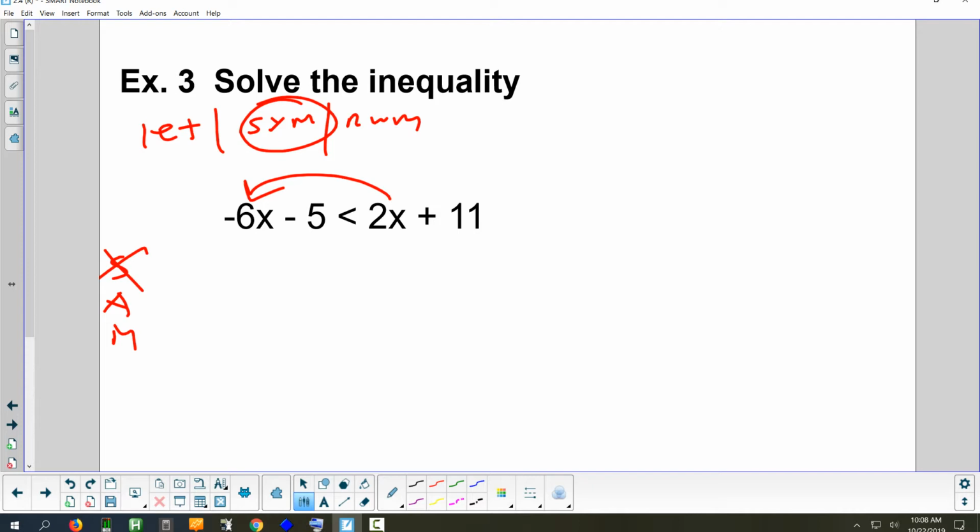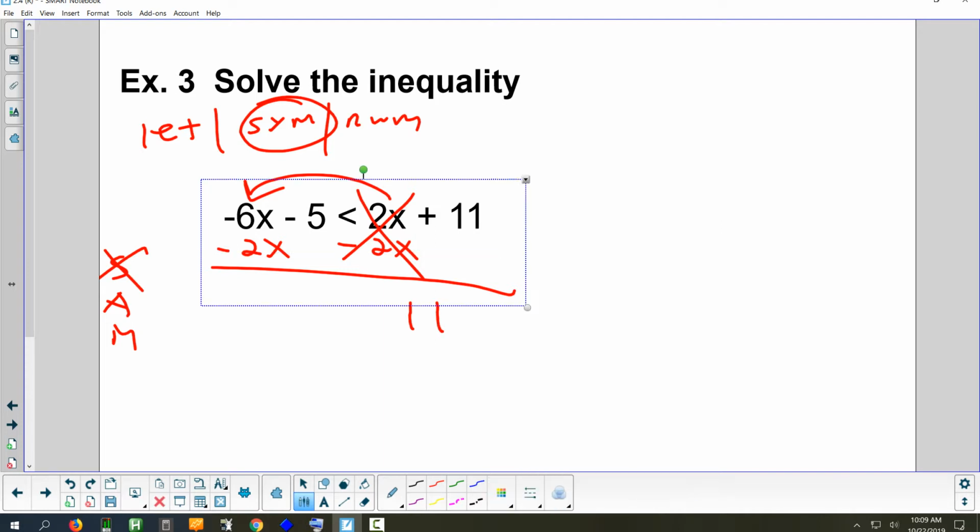Now that we've decided to do that, I need someone to tell me how. How do I move the 2x to the left? Yep. We're just subtracting 2x. Now 2x minus 2x is gone. The only thing on the right-hand side now is 11. Lucas, what's negative 6x minus 2x?